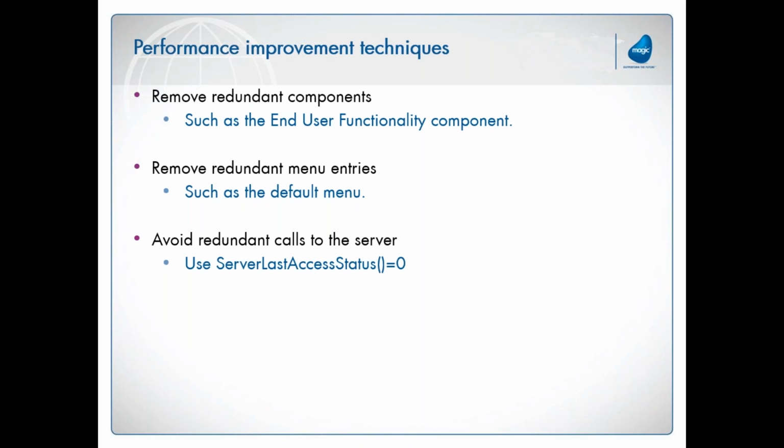So if the first access failed, there is no point in spending 2 seconds on the second access, because for sure it will fail, and also on the third access, because it will surely fail. So it is best practice, if you have several accesses to the server from an offline program, to condition the second, third, and first with the same expression. So if the first one fails, no need to do all the other ones, just to save the timeout time. And of course, you can also play with the timeout and reduce it if you want to.